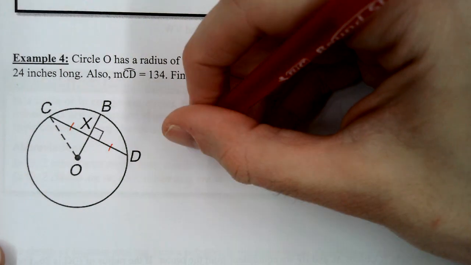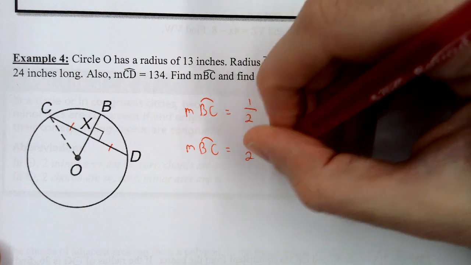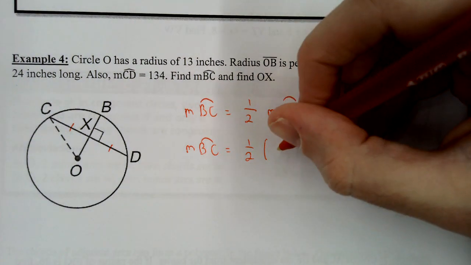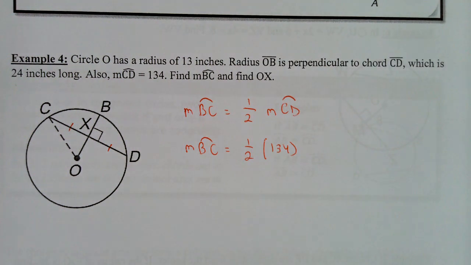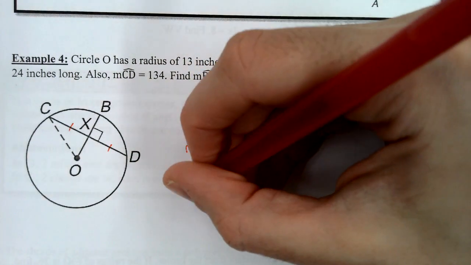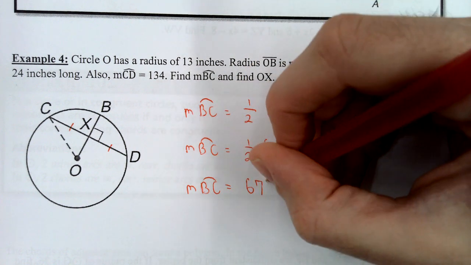So it means the measure of arc BC equals 1/2 times 134. Or you can just write 134 divided by 2. And either way you do that, you should get 67 degrees. And remember how you write that. Measure, little m, arc BC equals 67 degrees.